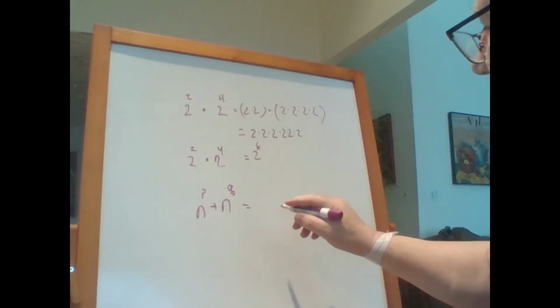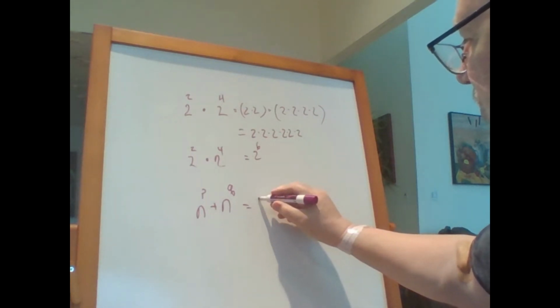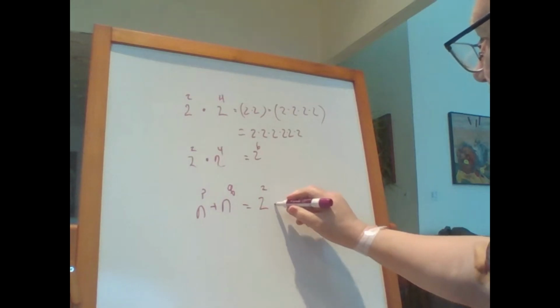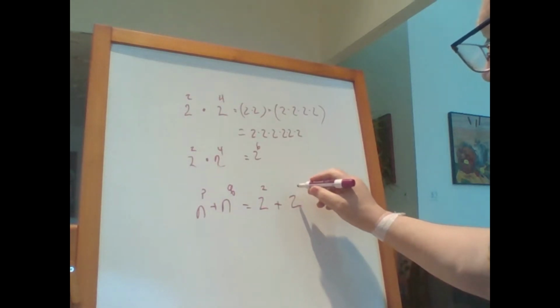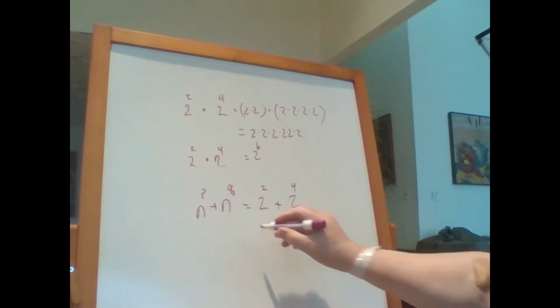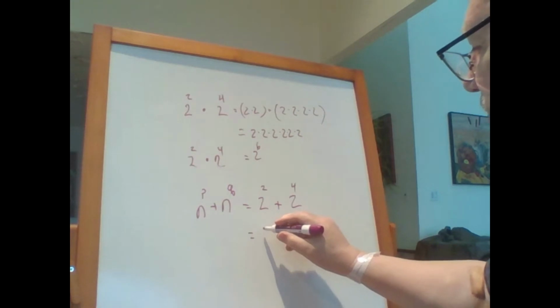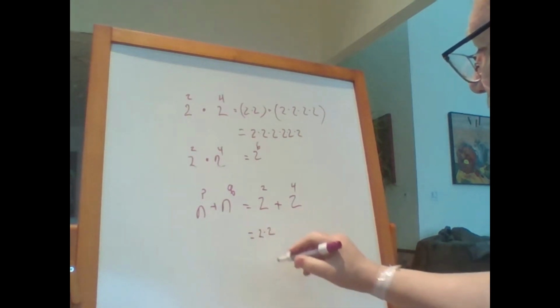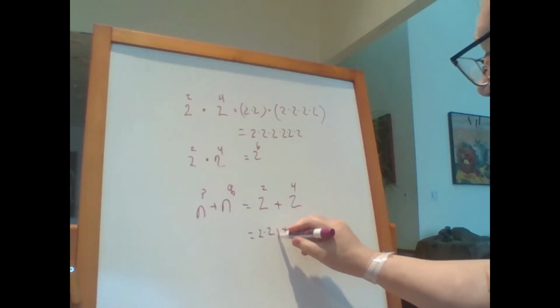We'll stay with twos. Let's say 2 squared plus 2 to the fourth. Well, 2 squared is 2 times 2, but we're adding that.